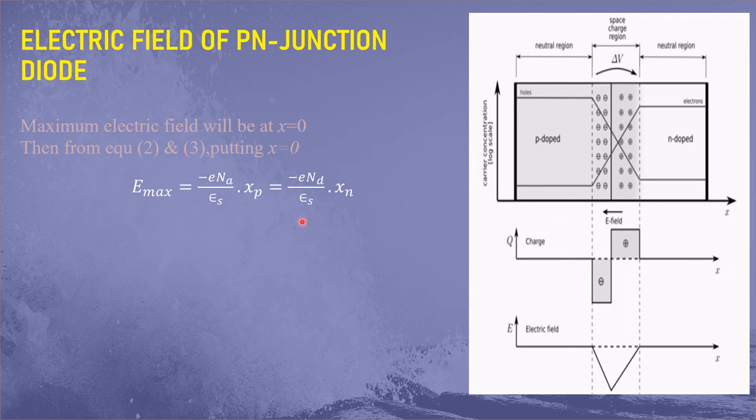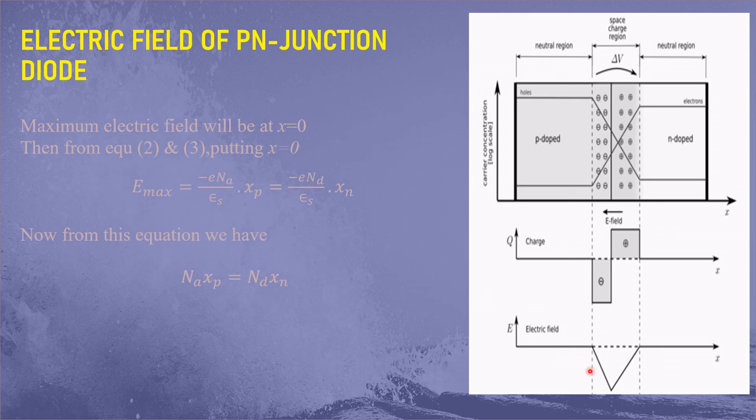From this equation, what do we get? That is NA xp equal to ND xn. So this equation states that the number of negative charges per unit area in the P region is equal to the number of positive charges per unit area in the N region.